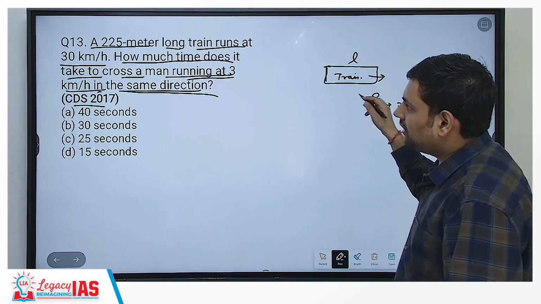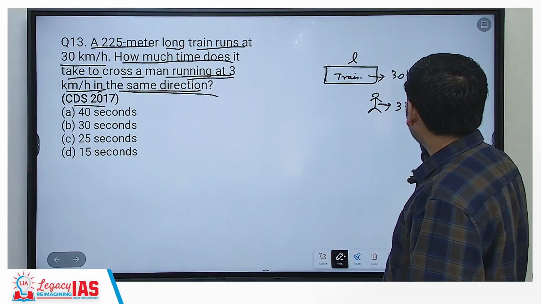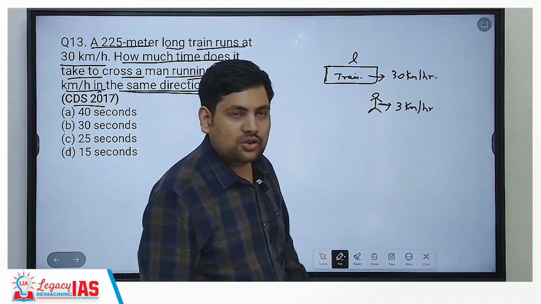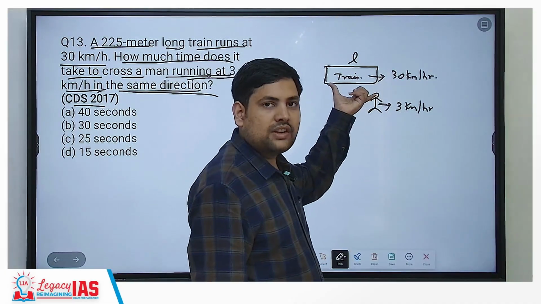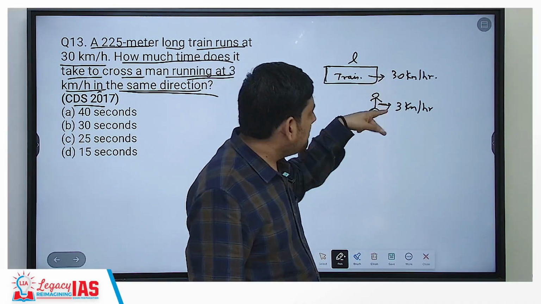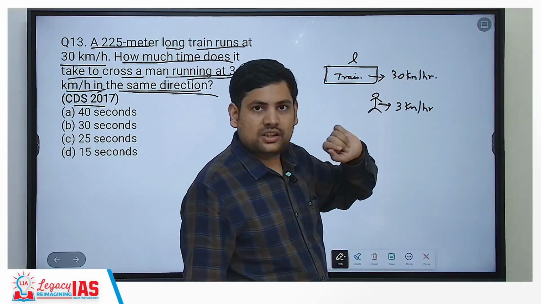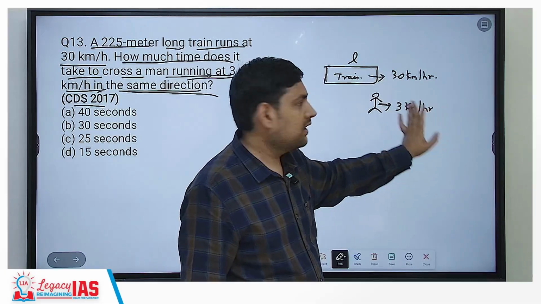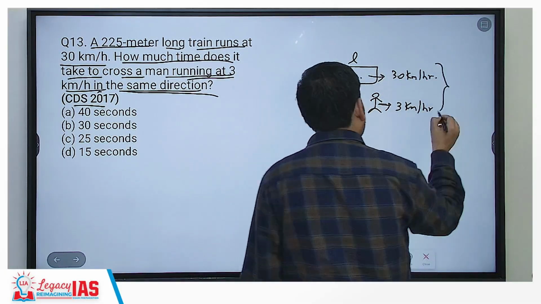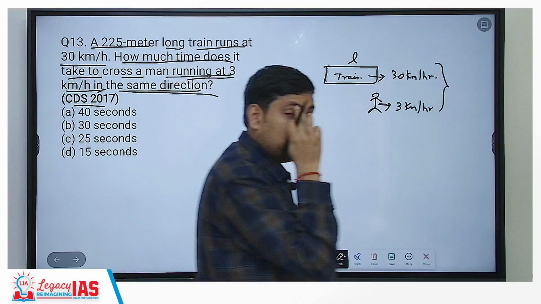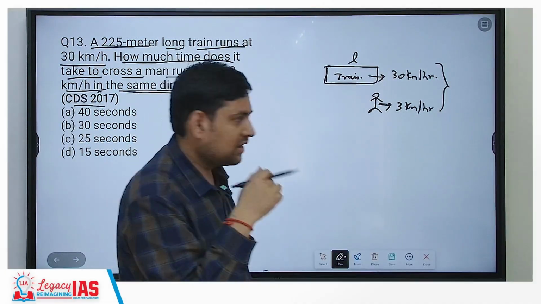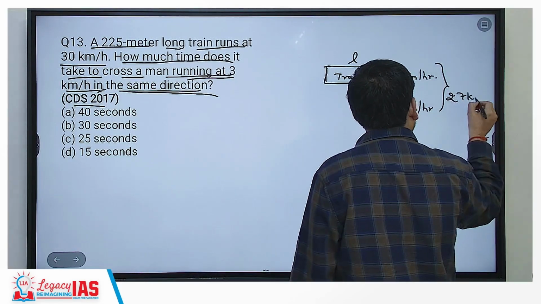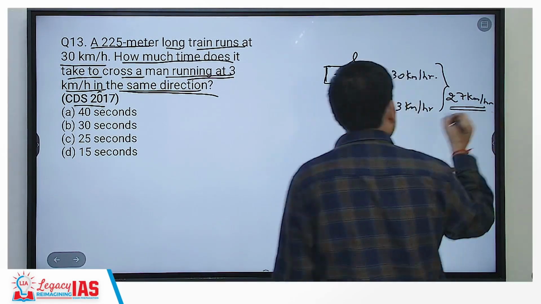Now speed of train is 30 km per hour. They are moving in the same direction. So whatever is the length of the train or whatever distance it has to cover will be covered by their relative speeds. Correct? Relative speeds that we had learned in the first video itself. So relative speed of both of these. Now if they are moving in the same direction, then this will be 27 km per hour.